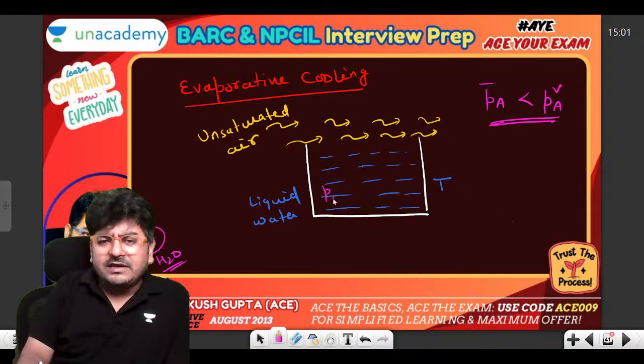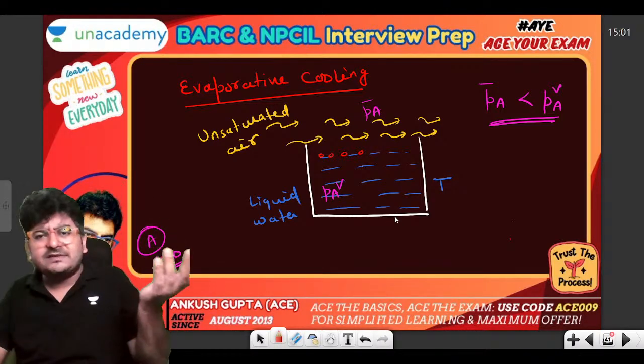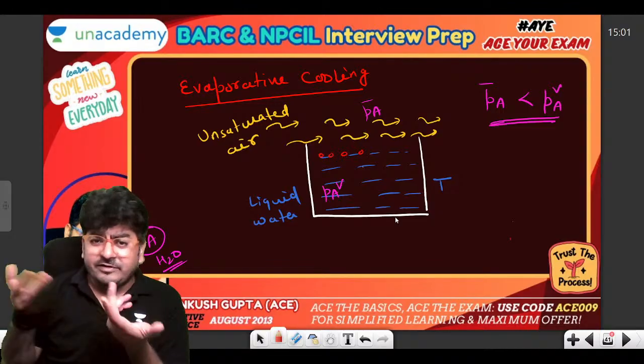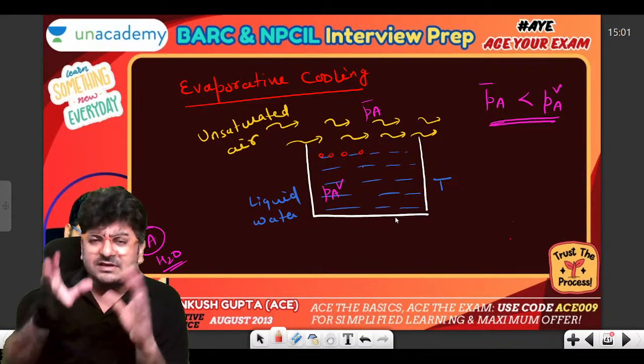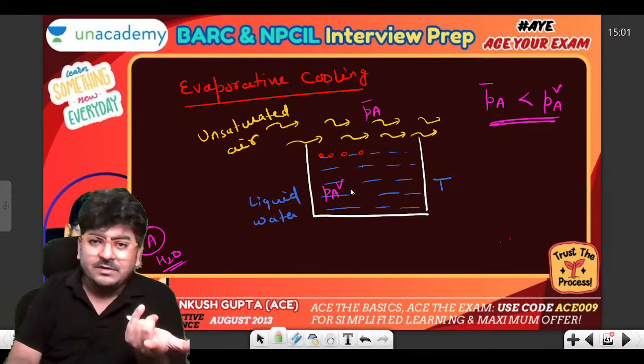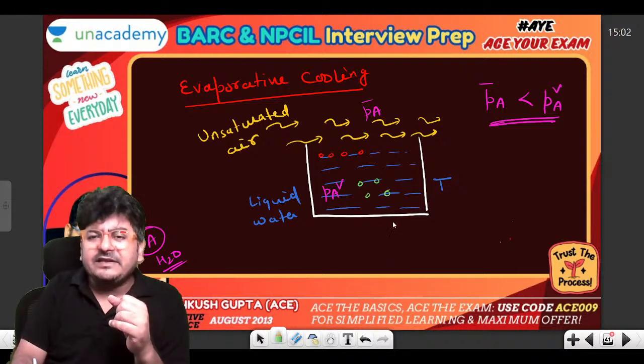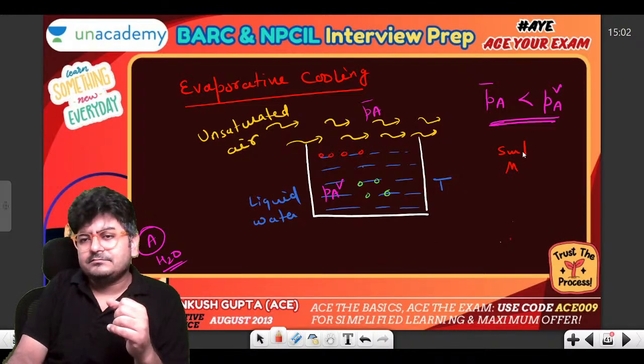The vapor pressure of water in the liquid will be more than the partial pressure of moisture in the air. Because of that, the molecules in the liquid will try to go into the air. They will try to diffuse, since a concentration difference is there. Molecules will move from the high concentration region to the low concentration region. Now you understand which molecules have the higher probability to escape the liquid phase: the molecules at the surface or the molecules in the bulk? Surface molecules have the higher probability.